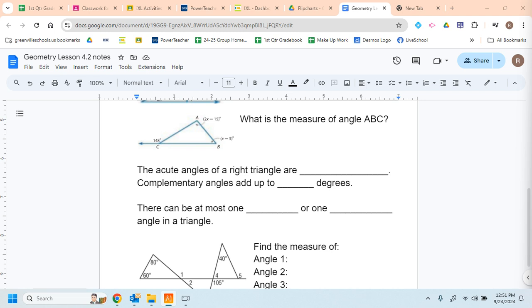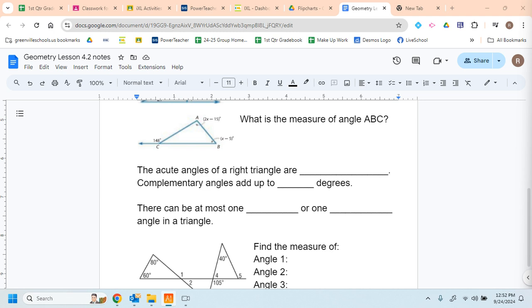So find the measure of each of the numbered angles. We notice angle 1 is next to your angle. So angle 1 is 80 plus 60, which is 140. Angle 1 is 140.